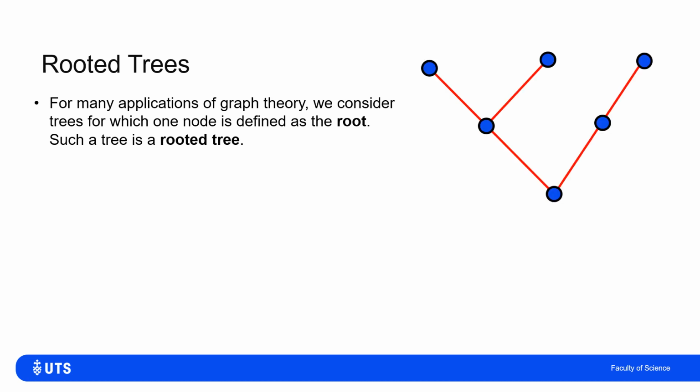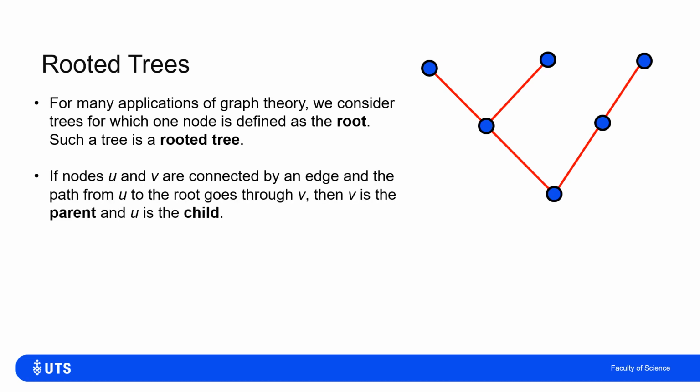If I start with a graph here, our definition of roots: if I define one node to be the root, then if I have two nodes U and V which are connected by an edge, if the path from U back to the root goes through V, then we call V the parent and U the child.